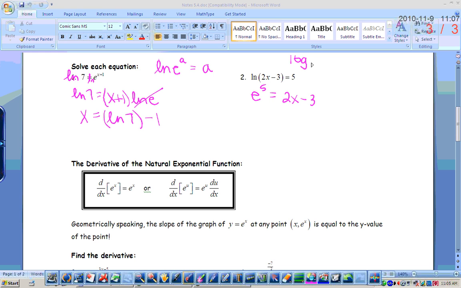The definition of a logarithm is log base a of x equals y if and only if a to the y power equals x. So you can take the base of the logarithm to the power of the thing that's all by itself, and then that equals the argument. And then if we want to solve for x, it would just be e to the 5th plus 3, all divided by 2.